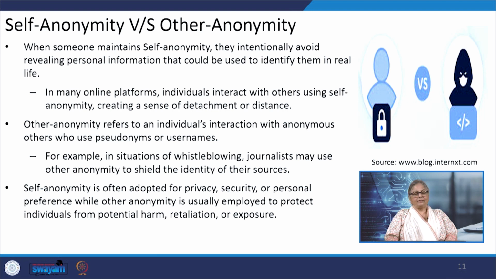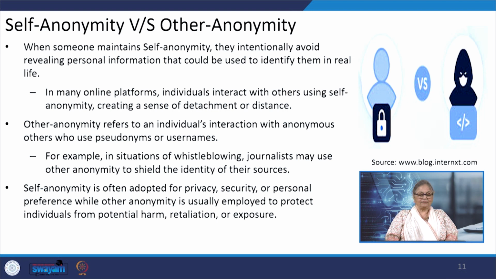In many online platforms, individuals interact with others using self anonymity, creating a sense of detachment or distance. Other anonymity refers to an individual's interaction with anonymous others who use pseudonyms or usernames.